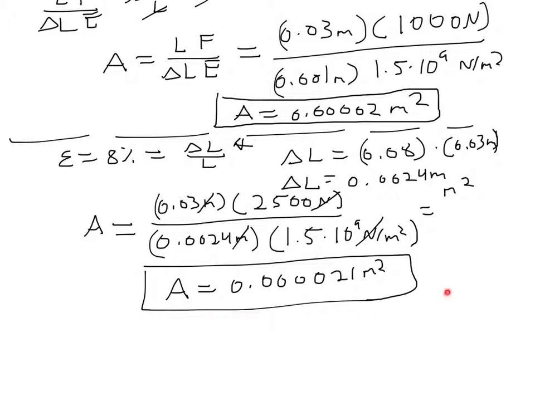Conversely, if we select the cross-sectional area that satisfies the third condition, the tendon will be strong enough automatically to withstand the change in length required in the second part. So our ultimate answer for the solution is that the cross-sectional area of the tendon is equal to 0.000021 meters squared. And there we have it.